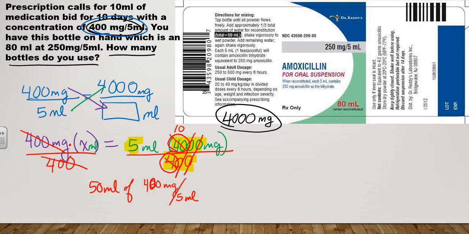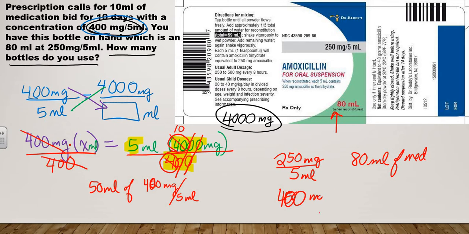Okay, so this bottle right here, now we just kind of take a step back and think of this logically. At 250 milligrams at 5 milliliters, I'm going to get 80 milliliters of medication. At 400 milligrams to 5 milliliters, I'm going to get 50 milliliters of medication.